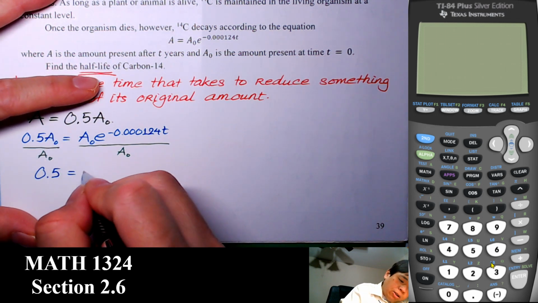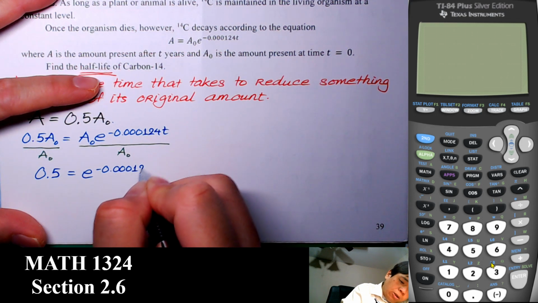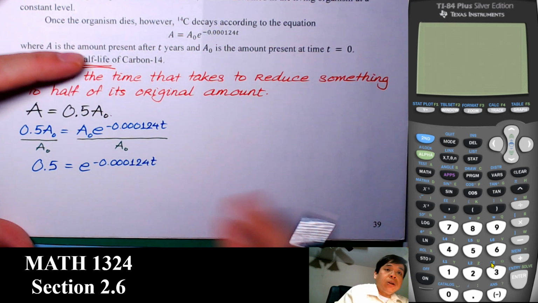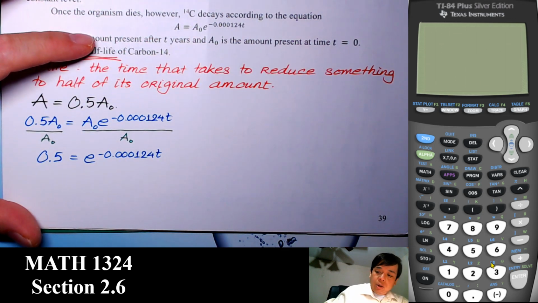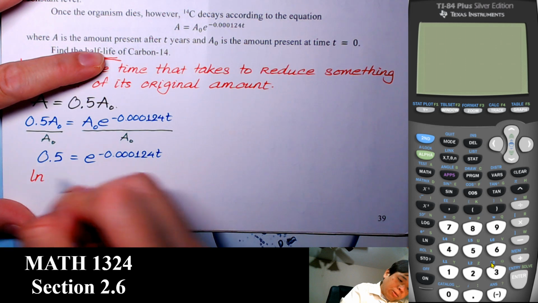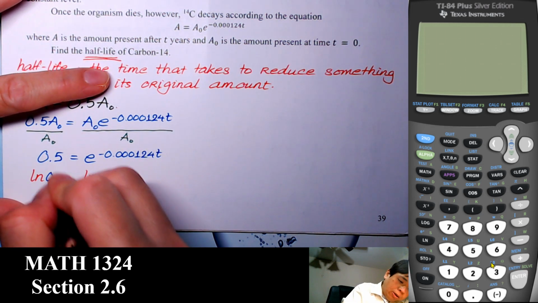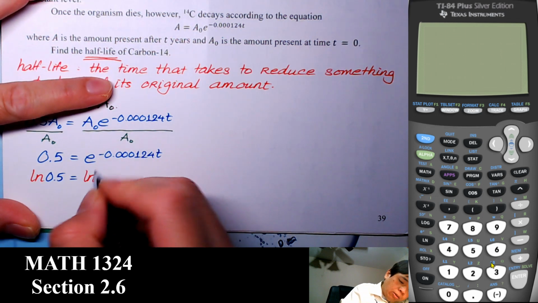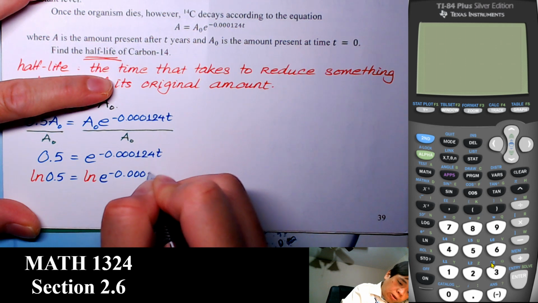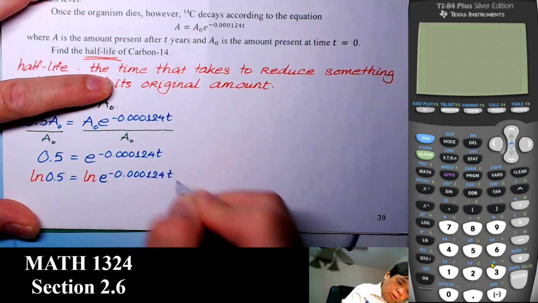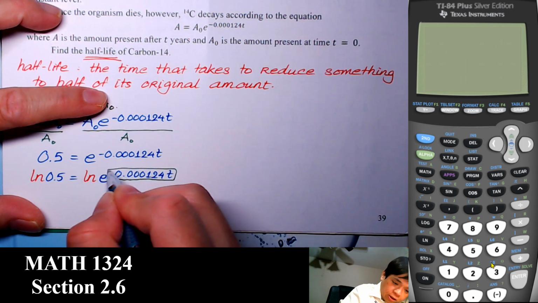That cancels out. I'll take ln on both sides. And here we can bring the exponent outside.